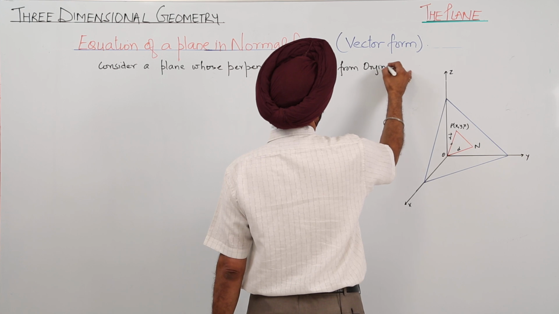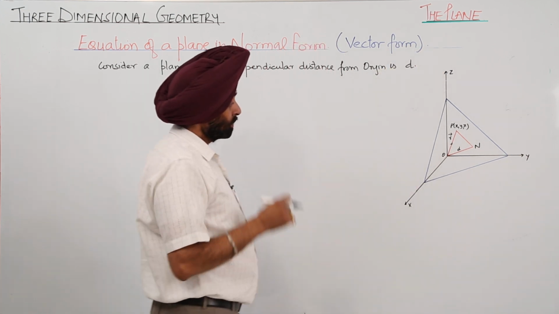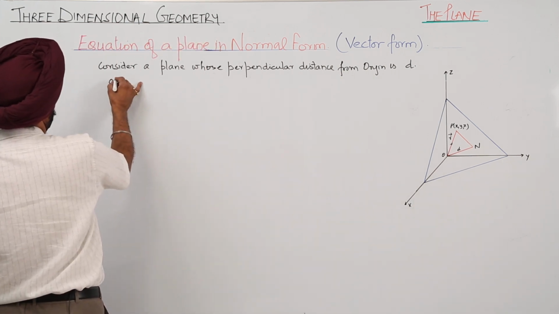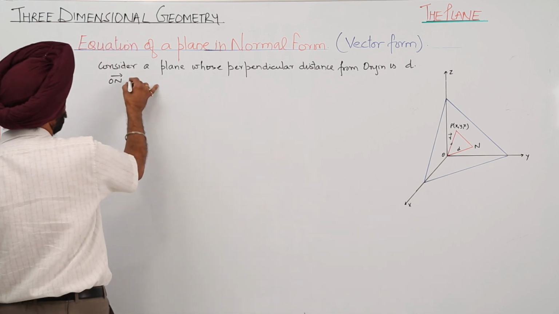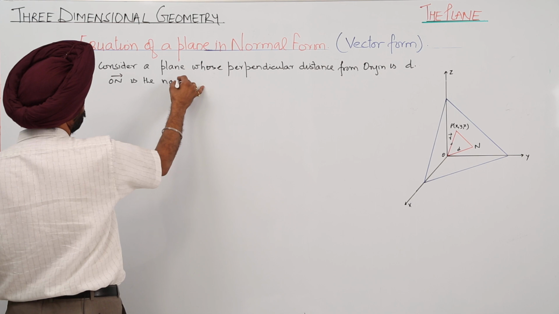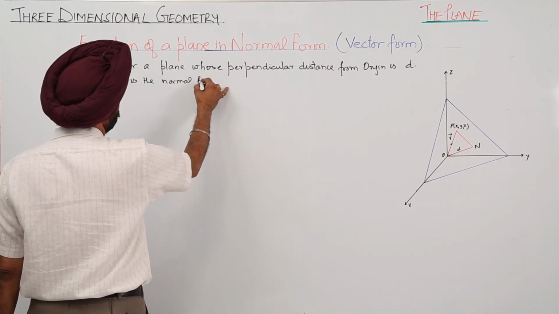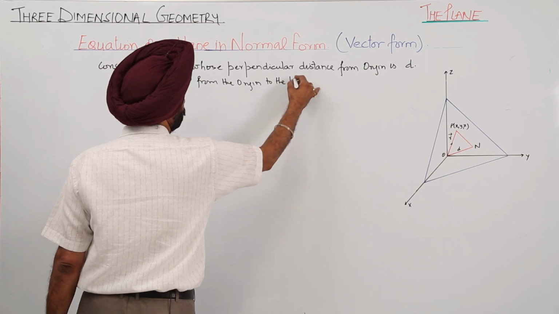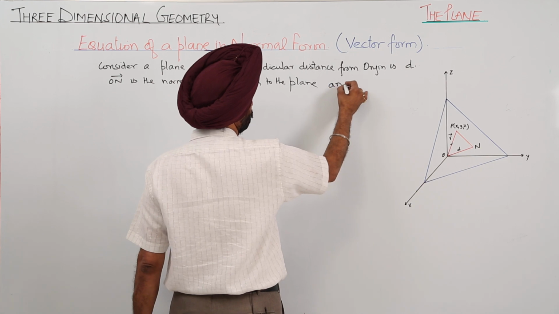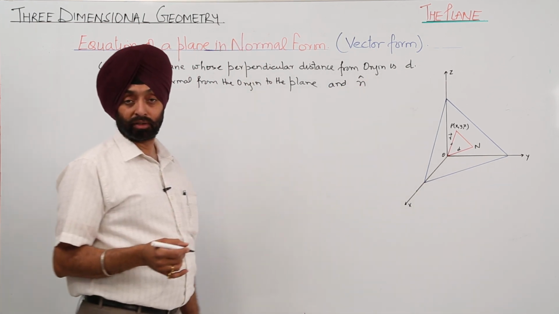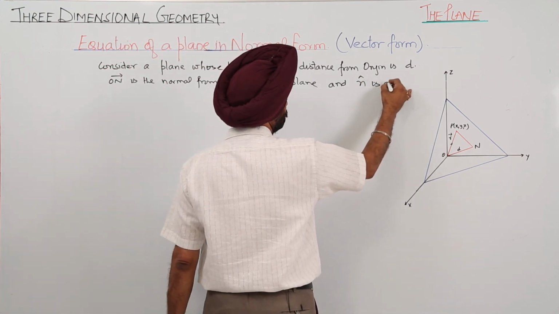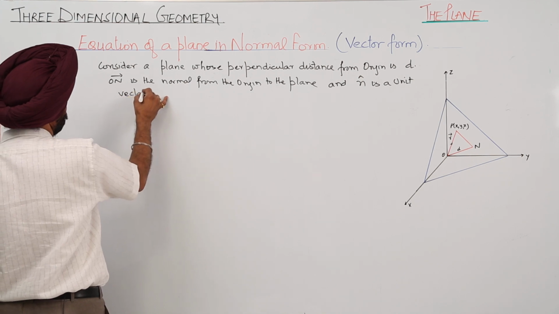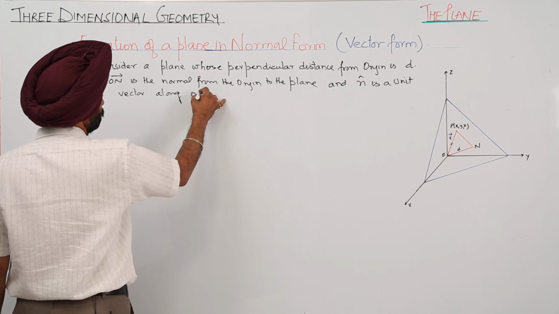From origin is D. Okay, now this I have made O and this is D, perpendicular distance for point N. Now vector ON is the normal from the origin to the plane, and this is a unit vector, n cap, and n cap is a unit vector along vector ON.